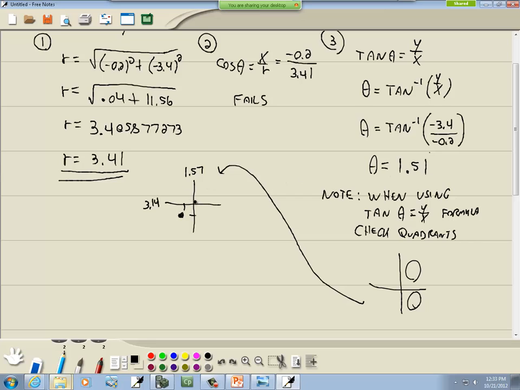So what we came up with is over here. Well, that's not where we wanted. We wanted it down in this quadrant. Well, if you look at it, if we add pi to that, that'll give us it in that quadrant. So theta is equal to 1.51 plus pi.